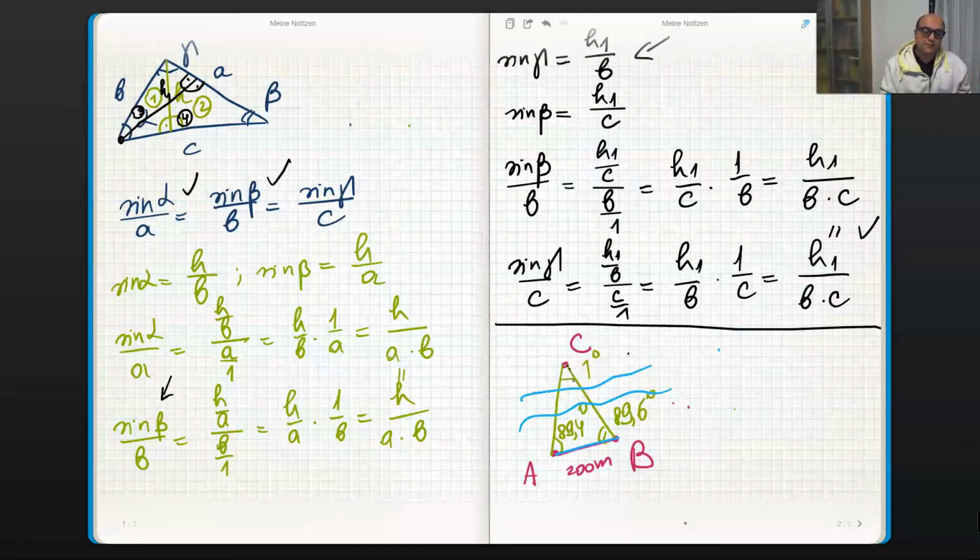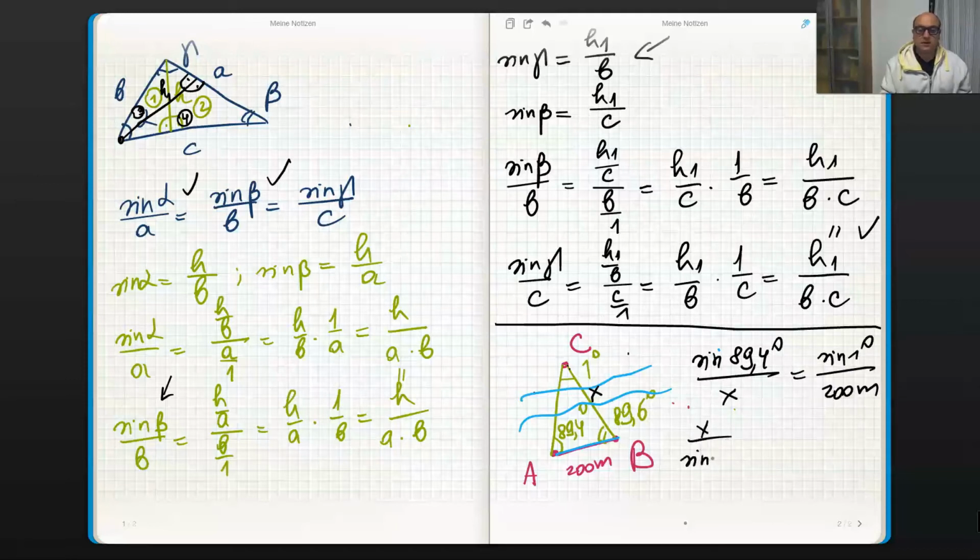So that means we are measuring the angles, and now we call the unknown distance x, and we know that the sine rule is applicable. So look at this. Sine of 89.4 degrees divided by x is the same as sine of 1 degree divided by 200 meters. So we can solve it, we can take reciprocals.